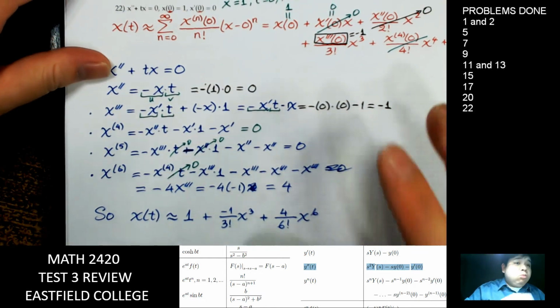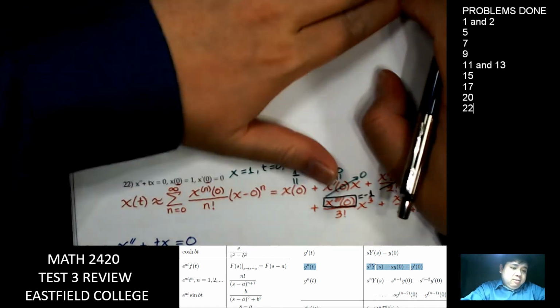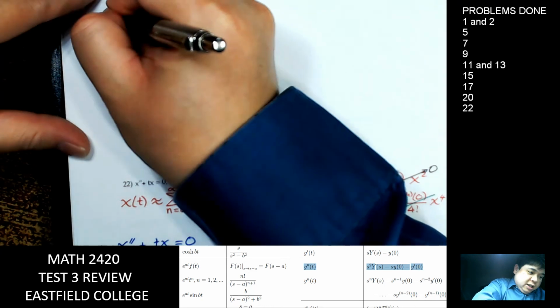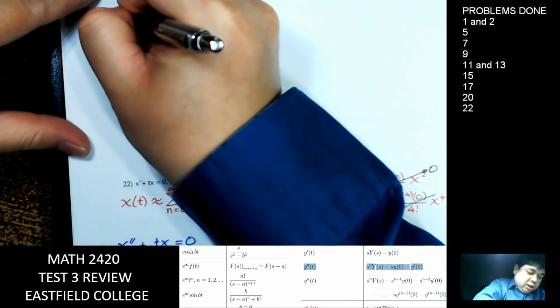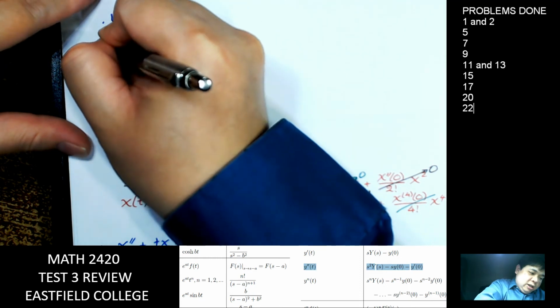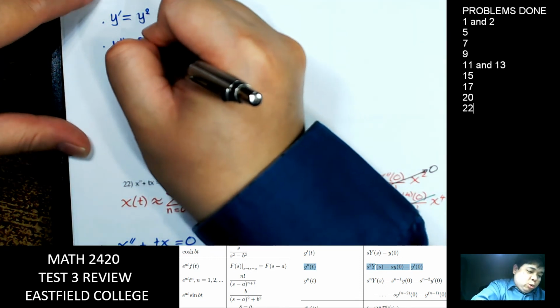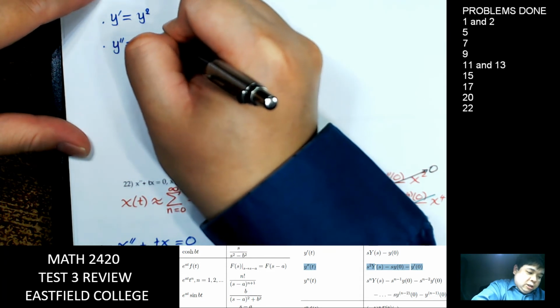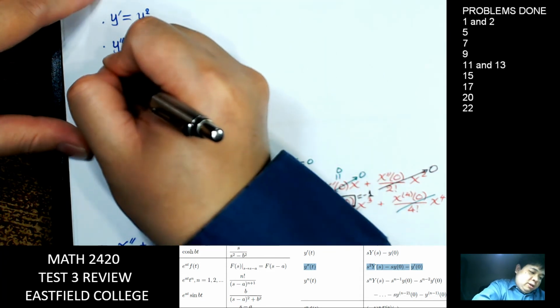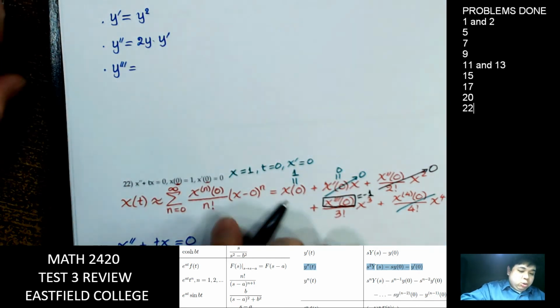I will not do 21, but the list just to see how the recursion works. So derivative is y squared. If we check the second derivative, it is the chain rule, so we have 2y y prime, and then third derivative, this is the product rule.